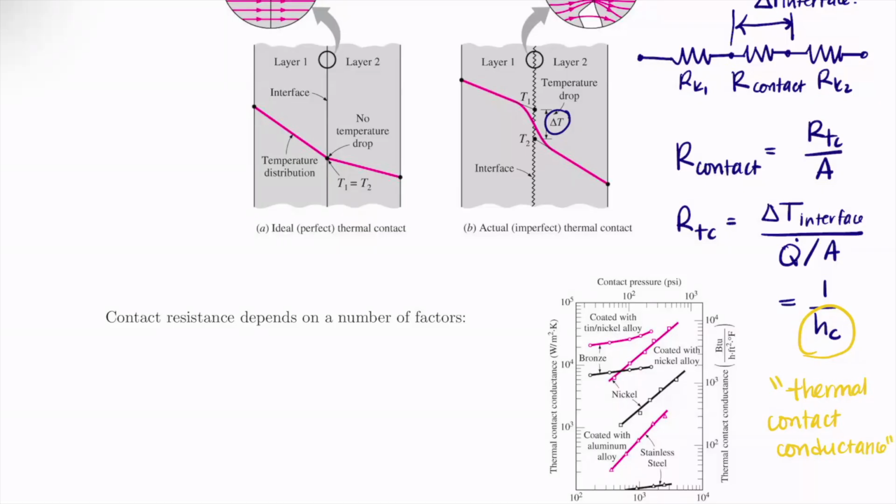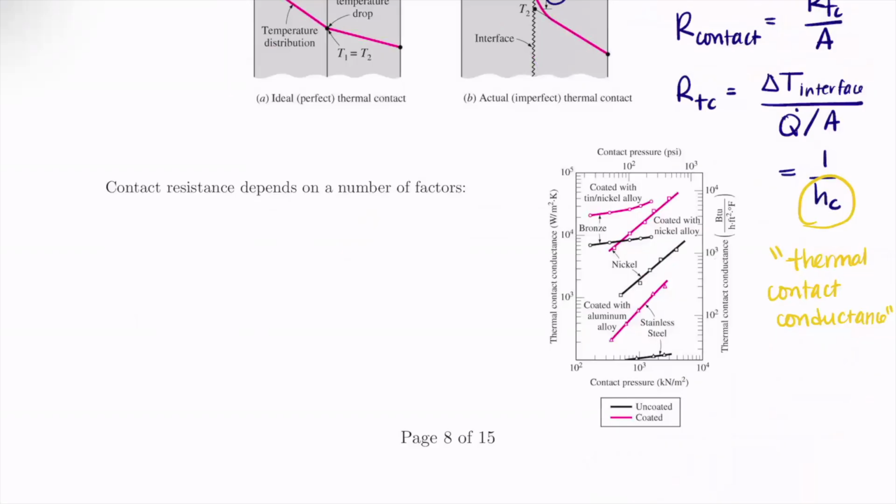Okay, and so we could use this with the same circuit analogy that we've been talking about, just like before. And then this contact resistance is going to depend on a number of factors.